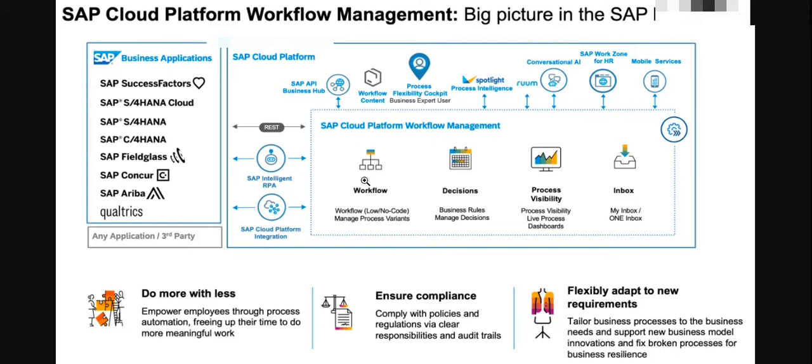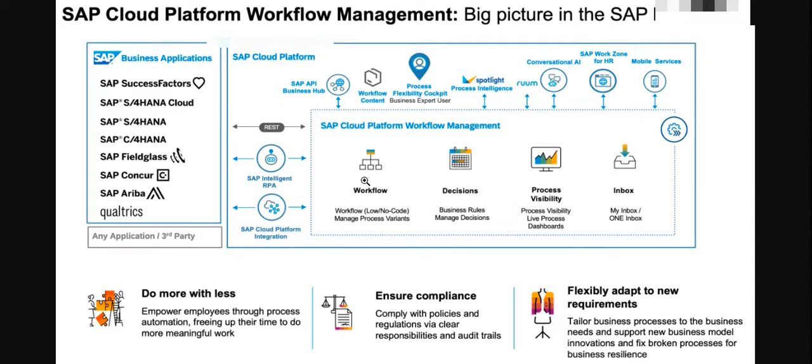But at a very high level, SAP Cloud Platform Workflow tries to get integrated with the API Hub. It is very important that SAP Cloud Platform Workflow works with different solutions. When I say solutions, it can be cloud solutions like SuccessFactors, Fieldglass, or Hybris.